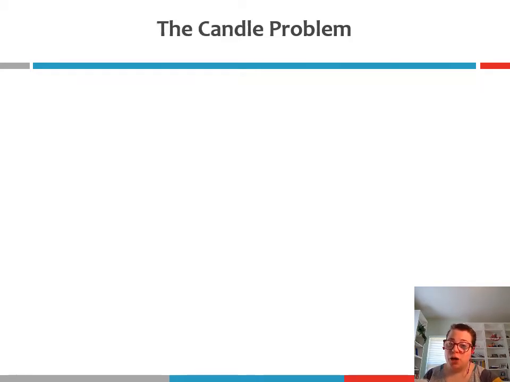Okay, so the structure of this lecture is going to be very similar to the structure of our lecture on judgment and decision making. So just like before when I gave you different activities that I wanted you to solve in a worksheet, I've done the same thing for this module. There are 3 different activities for you to do, and each of those activities corresponds to a particular problem that psychologists have studied in the laboratory.